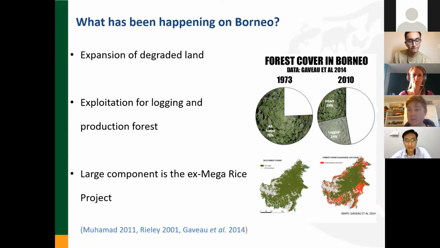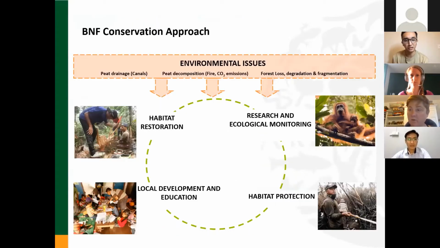So we have an expansion, of course, of degraded land. We've got a huge amount of forest loss in Borneo, exploitation for logging and production forest, and a large component of that was cleared for industrial agriculture. So we've also got a massive issue when it comes to dealing with conservation.